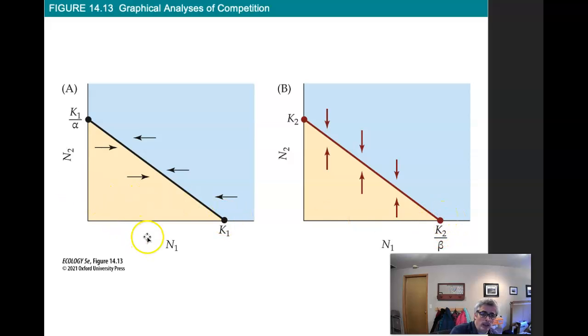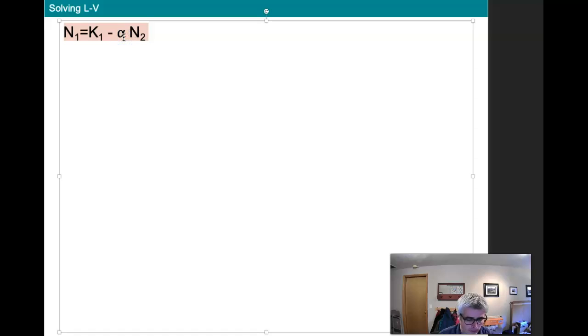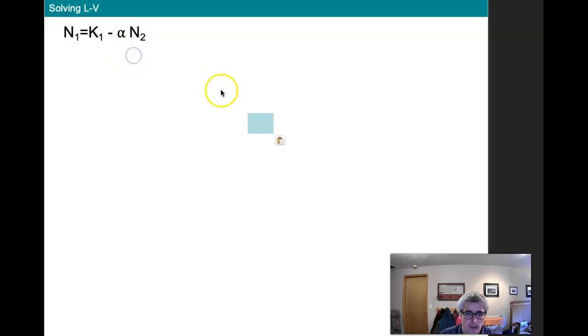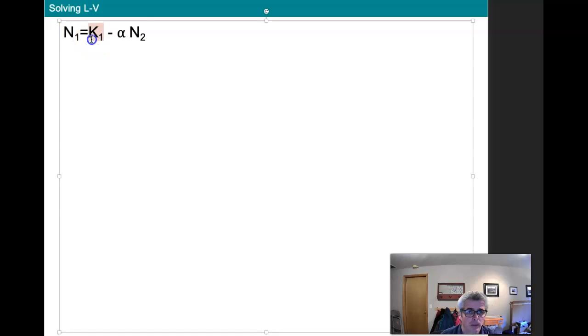So we'll walk through how we can use that prior equation to mathematically calculate K1 and K1 divided by alpha. If we start with our prior equation of N1 equals K1 minus the competition coefficient for N2, we can solve for it. We can solve for a few things here.